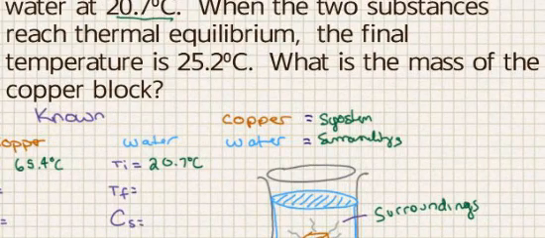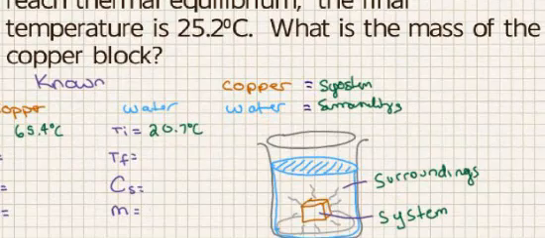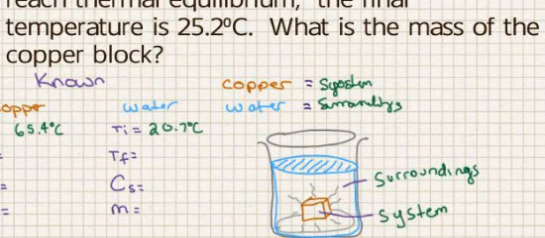Now, when we're looking for our final temperature, the word equilibrium means that when two things are at equilibrium, they will share the same temperature. So the final temperature for water and copper is 25.2 degrees Celsius.